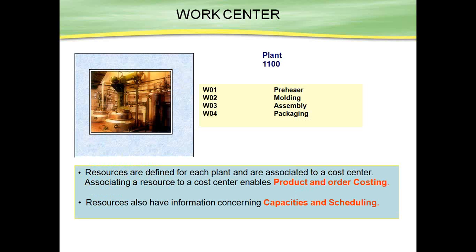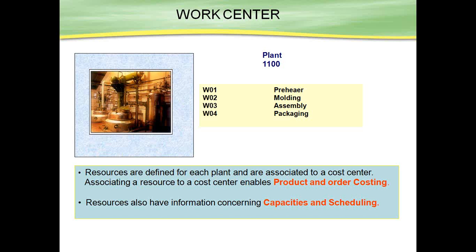This is an example of a work center. Here under plant 1100, I have created 4 work centers: preheater, molding, assembly, and packaging. Suppose you bought some plastic granules for bottle manufacturing, and you want to preheat them so that energy will be saved. The preheating will be done at the W01 work center, and the final molding of your bottle will be done on the W02 work center.